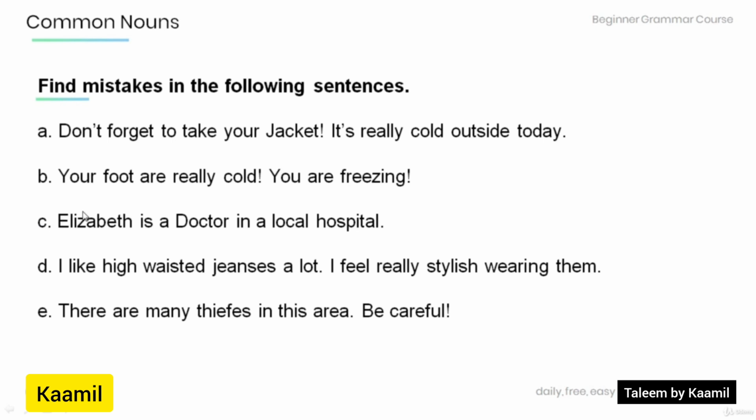C. Elizabeth is a doctor in a local hospital. D. I like high-waisted jeans a lot. I feel really stylish wearing them. E. There are many thieves in this area. Be careful.